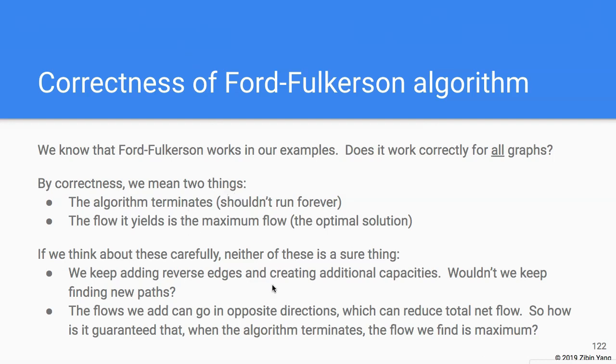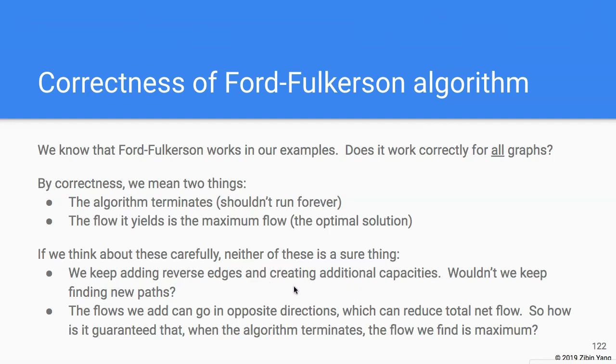If you think about Ford-Fulkerson carefully, it might not be immediately obvious that it meets these two conditions. First, when we send a flow through the network, we're adding reverse edges, and as a result, we keep creating additional capacities. Then, wouldn't we just keep finding new paths so that the algorithm might never terminate?